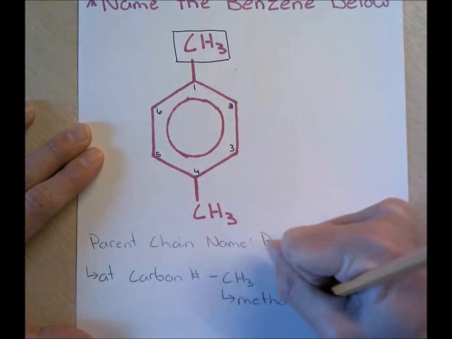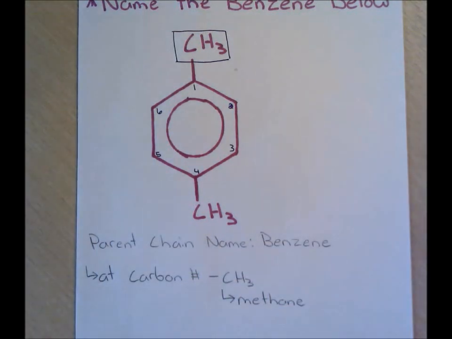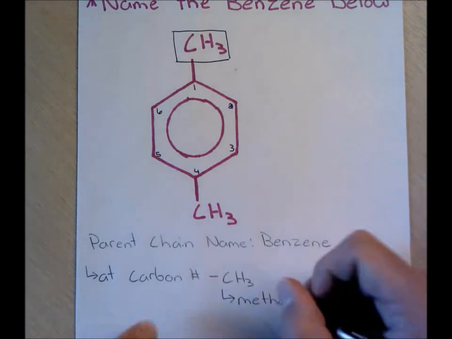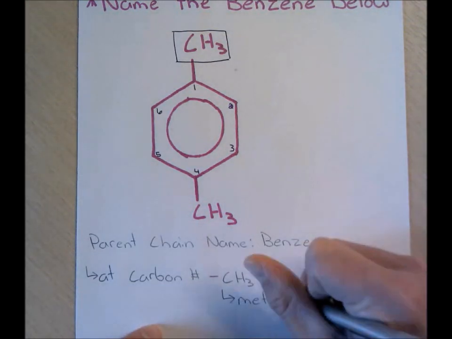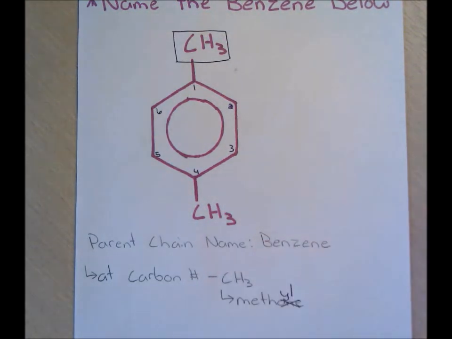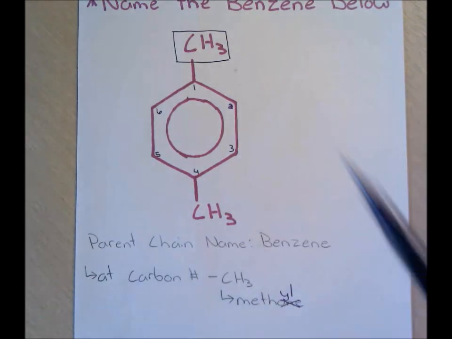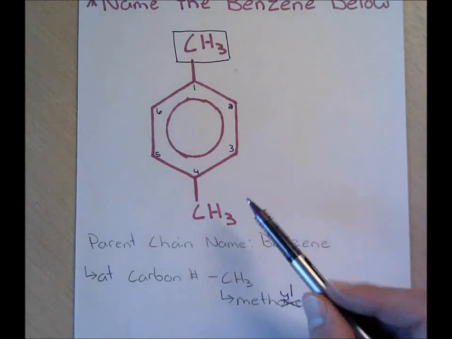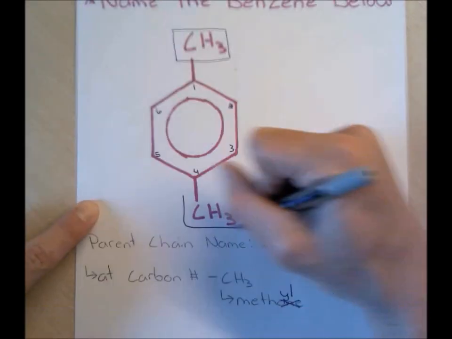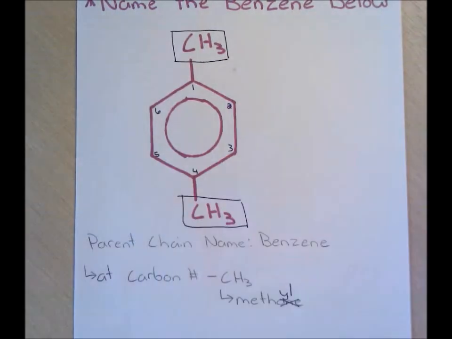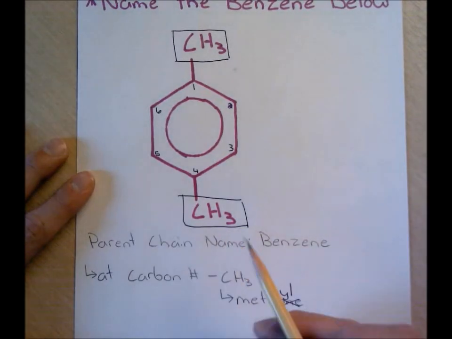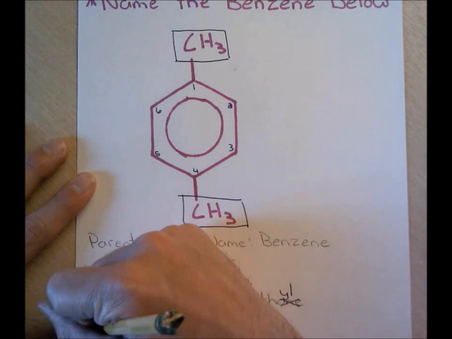Now, we cannot use that ending of A-N-E because this is an attached group. Because of that, we cross off A-N-E and we add YL to represent that this is an attached group. Then we get down to our other attachment, and it occurs right here at carbon number 4. At carbon number 4, again, we have this attached CH3 group.